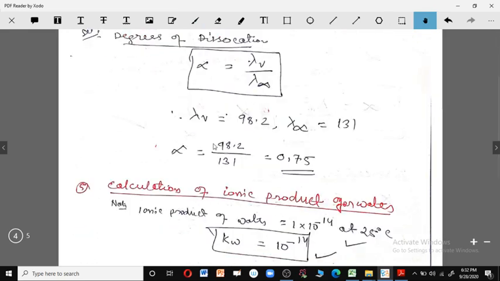When you calculate, you will get the answer. This is how you calculate degree of dissociation with the help of Kohlrausch law.